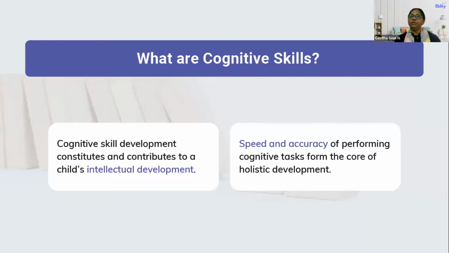How well are you perceiving it? How well are you attending to something? How well are you able to learn something, reproduce it, and apply it in your daily life? So all these form part of cognitive skills, and it forms a whole gamut of being more adapted in your environment.